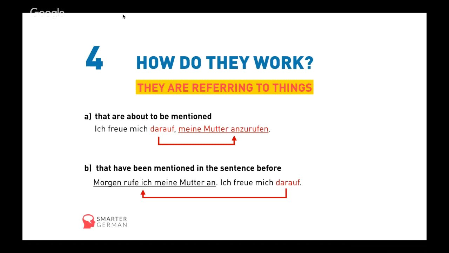So if you see a darauf, you always have to look either, is there a comma and a sentence following, or if not, you need to read the sentence before to make sense of it. Yeah, it's referring to that. And this is what they are used for. So take a look at these in the text that you're working with and try to find the referrer, or what they refer to.